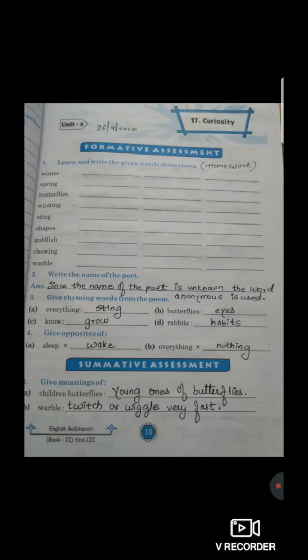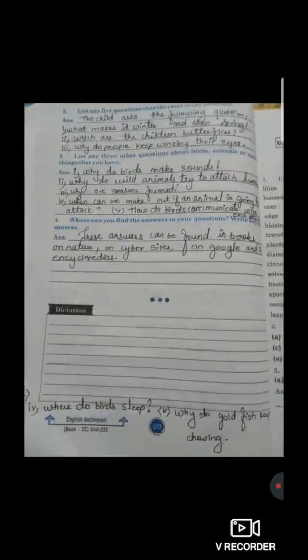Page number 20. Here on page number 20, the second question is, list any 5 questions that the child in the poem has. Means in this poem, which are the questions asked by the child.